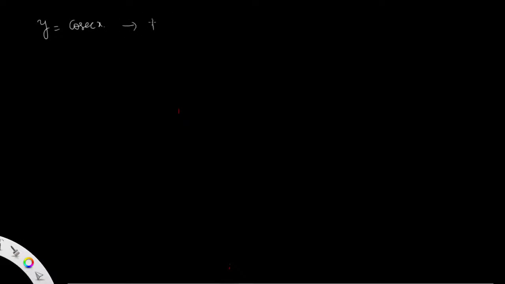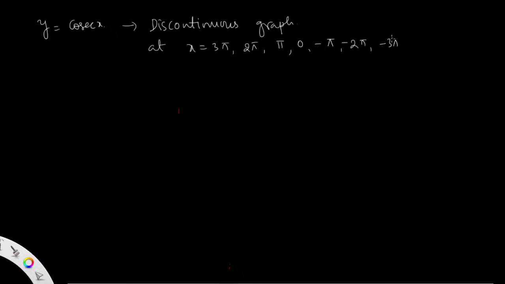It is a discontinuous graph at the points x equal to 3 pi, 2 pi, pi, 0, minus pi, minus 2 pi, and minus 3 pi. That means for every n pi it becomes discontinuous. It is not passing through the origin.